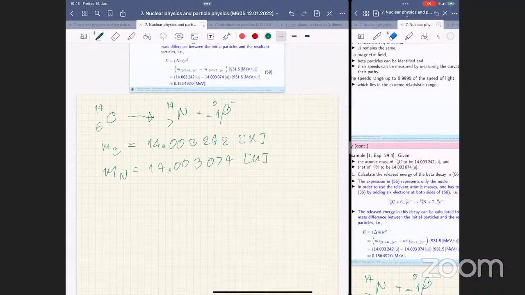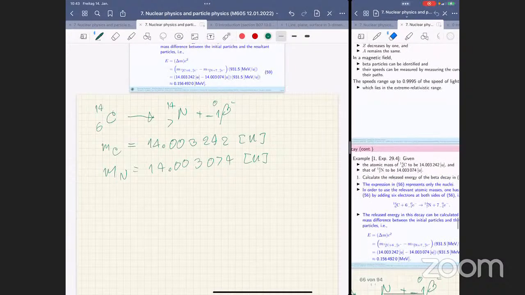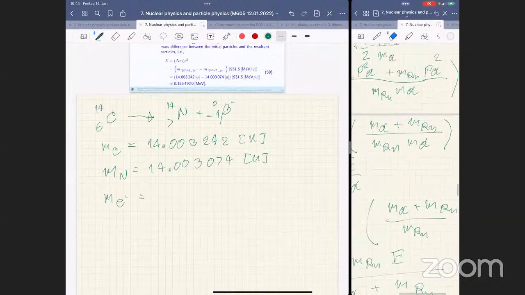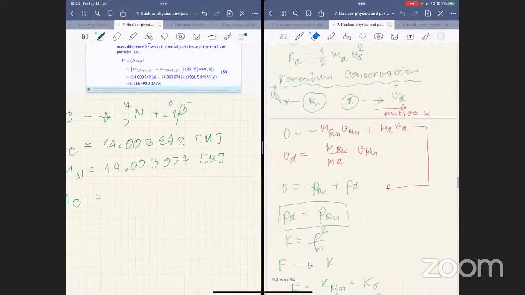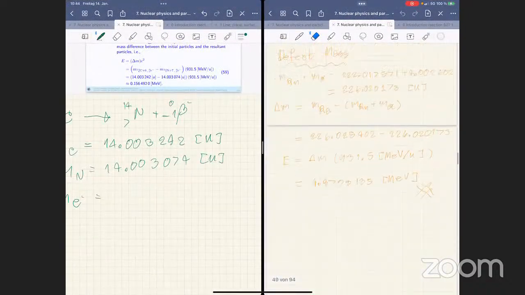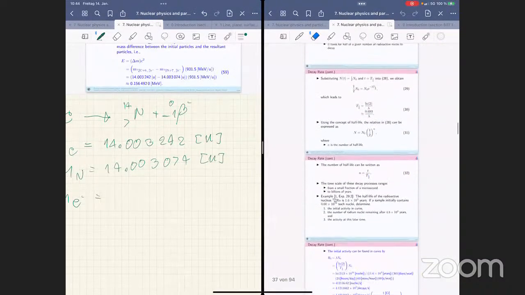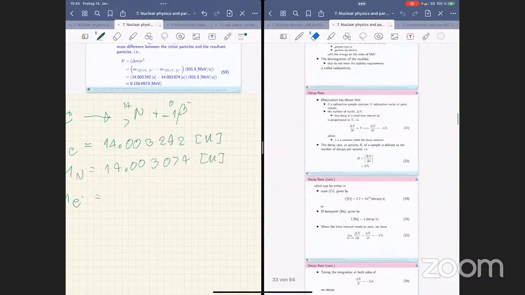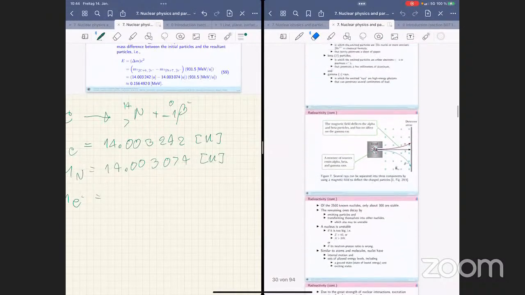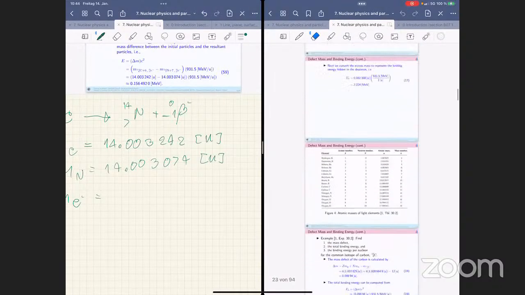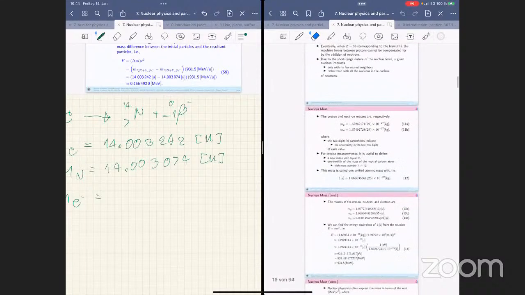What is the mass of the electron in atomic mass units? We have to get back to the origin of this chapter. Mass of electron. Where is that? Here.